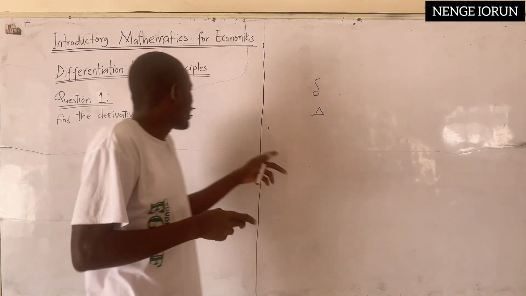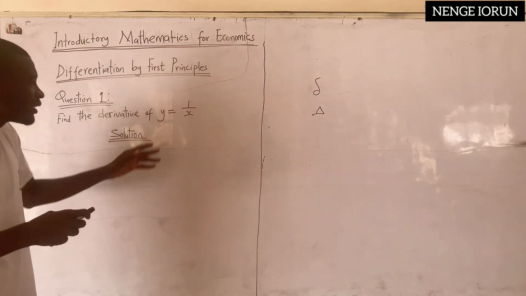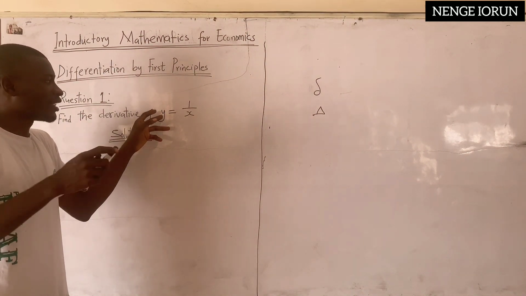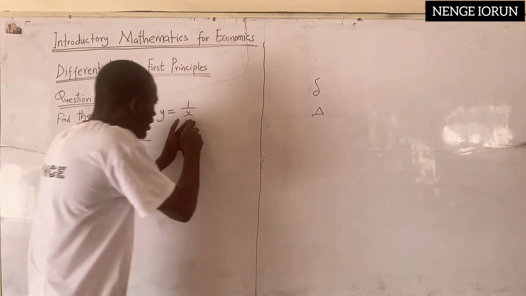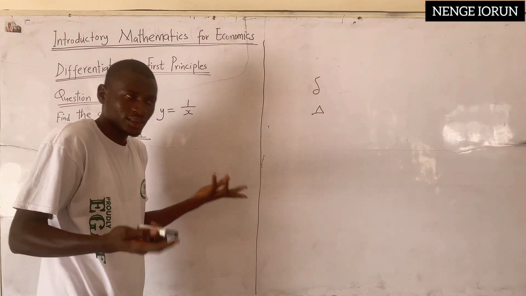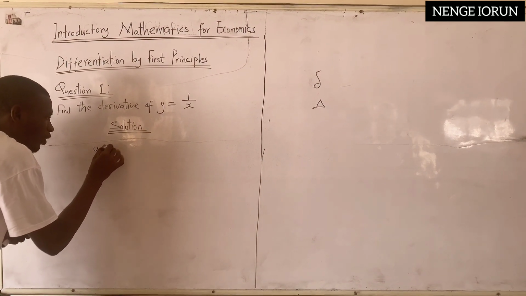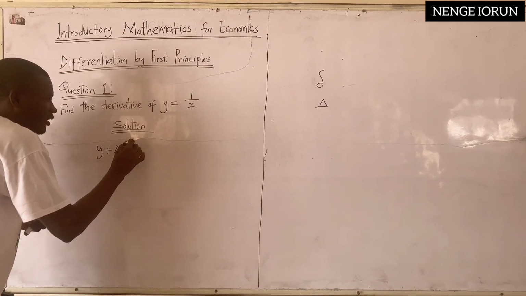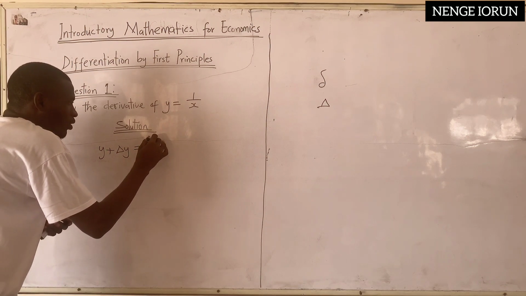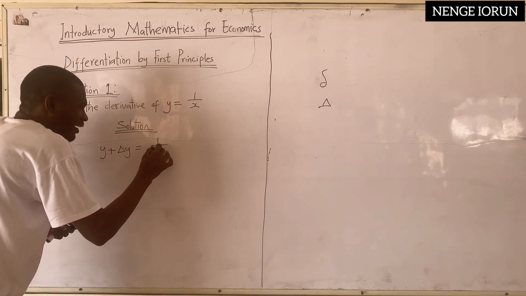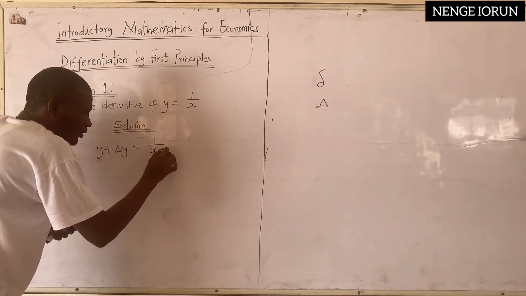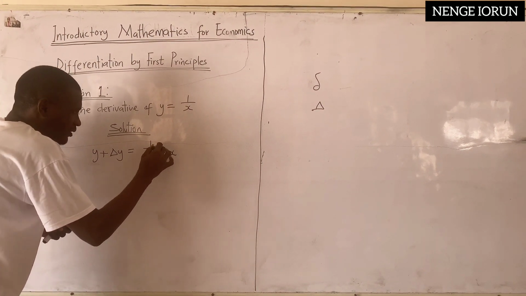So let's go. Now here, you take y plus delta y, x plus delta x, then you solve. So you have y plus delta y is equal to 1 over x plus delta x.